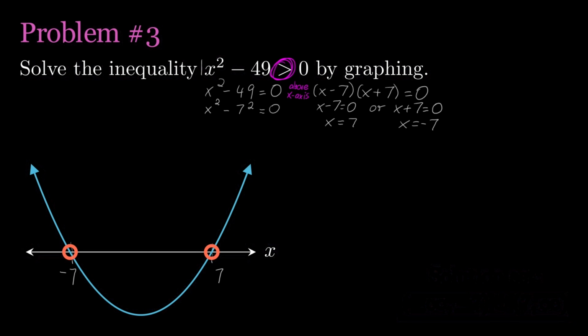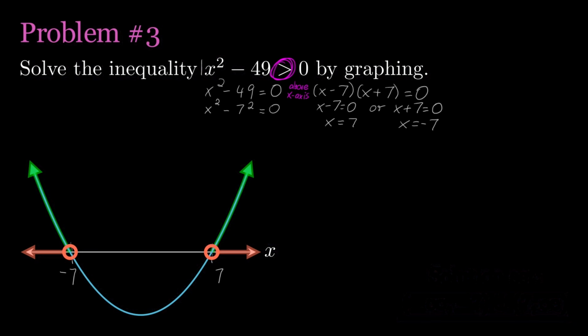Now, since we are solving for x in this inequality, we have to acknowledge the x intervals, horizontal intervals in other words, on which the parabola is where we want it to be. That means above the x-axis. Those intervals are highlighted here in red: to the left of negative 7, excluding that negative 7, as we said, and to the right of 7, excluding that 7.